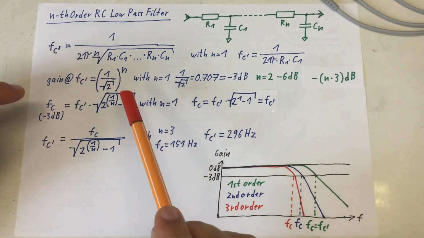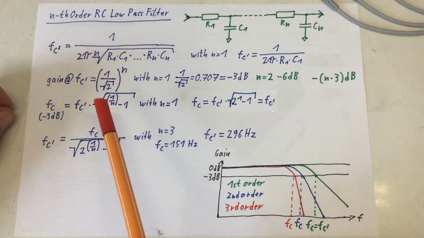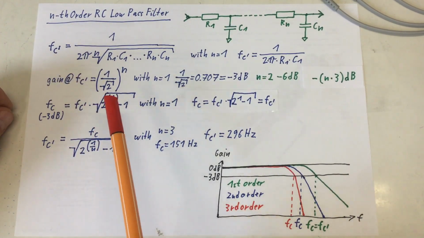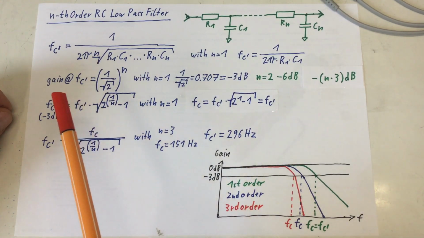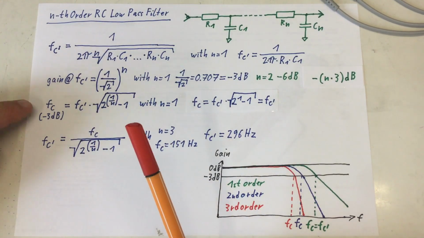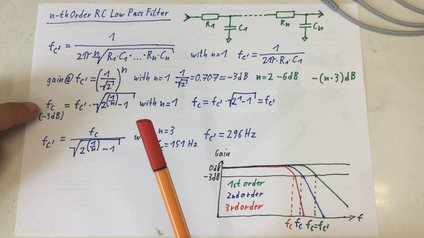Or, yeah, more general, for nth order, it's minus n times 3 dB. That's where this little formula comes in. It gives us for nth order RC low-pass filter with a given cutoff frequency FC prime, our Butterworth minus 3 dB cutoff frequency.